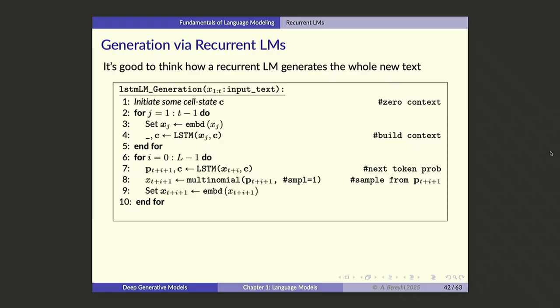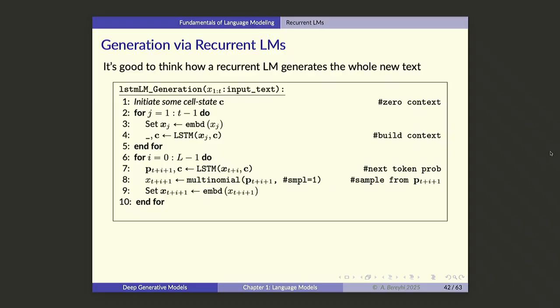Then you put the token which you have sampled back into the input, plus the next context, right? And then you sample once again, and you keep on doing this till you want to stop. Typically, how you stop is that you put in one specific token, which is the end of the sentence. And when that happens, the whole algorithm stops.